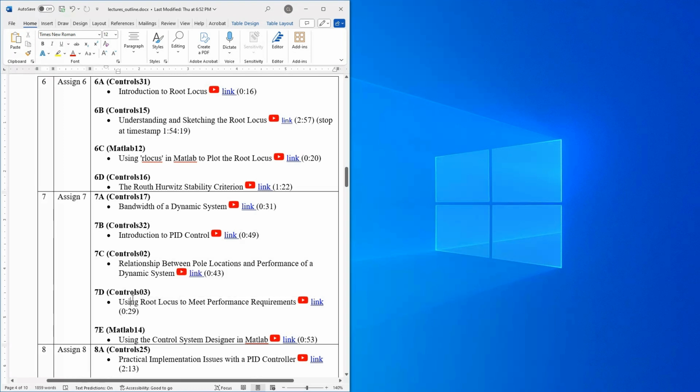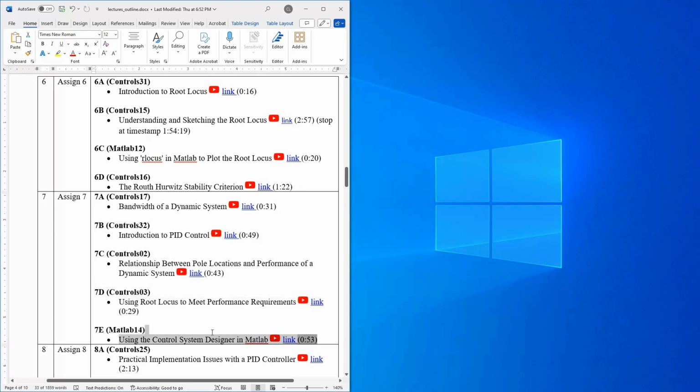So really, if you combine that with the previous discussion, you can see that we can basically use root locus to directly try and meet performance requirements. So we're going to use the root locus technique to synthesize controllers that meet performance criteria like percent overshoot, rise time, bandwidth, etc., right? So that's what this first set of discussions is. It's basically a mathematical theoretical discussion of how to make that happen.